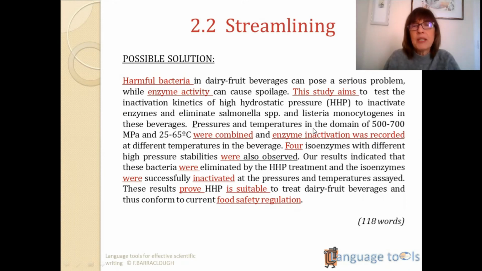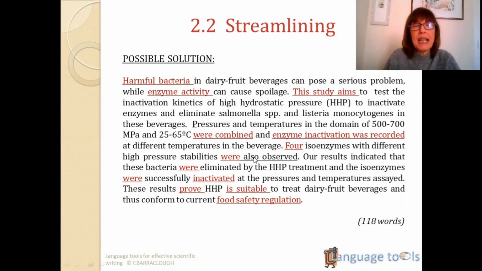Pressures and temperatures in the domain of 500 to 700 megapascals and 25 to 65 degrees centigrade were combined, and enzyme inactivation was recorded at different temperatures in the beverage. 4 isoenzymes with different high pressure stabilities were also observed.